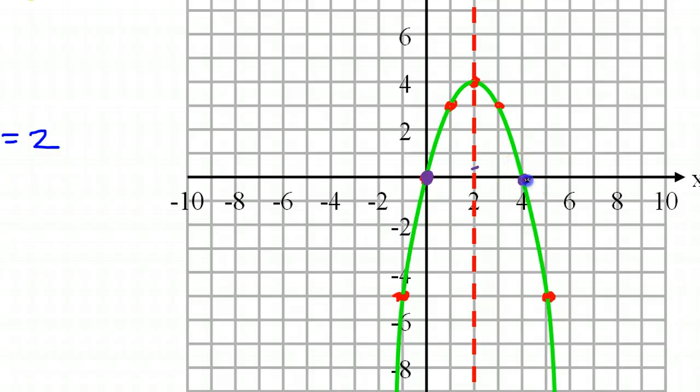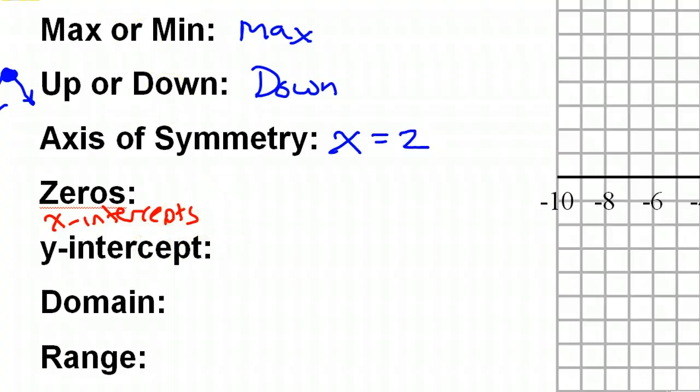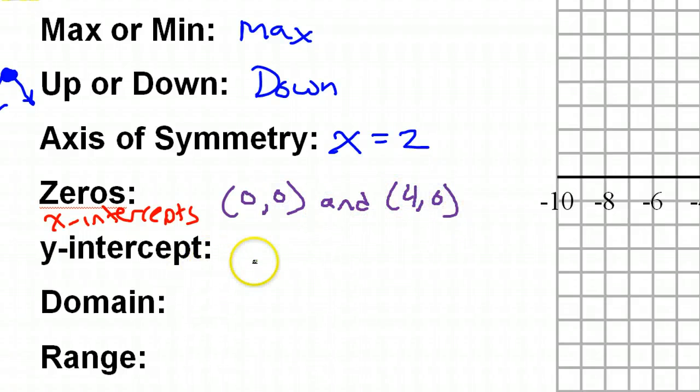The y-intercept. The y-intercept is always 0 comma something, because the y-intercept is where the graph touches the y-axis. Well, in this case, the graph touches the y-axis right here. So this is both an x-intercept and a y-intercept. So 0 comma 0 is the y-intercept.